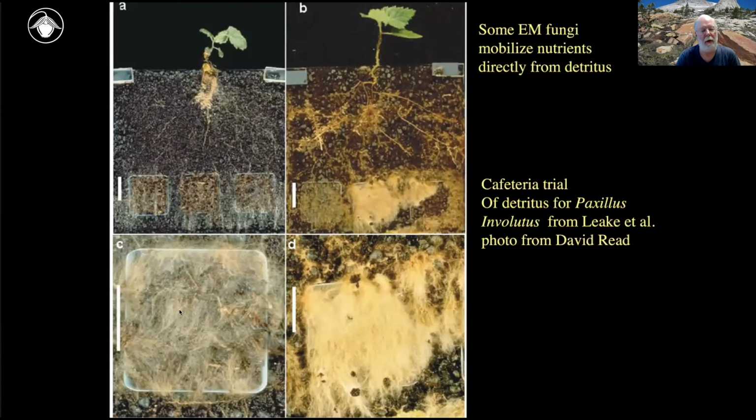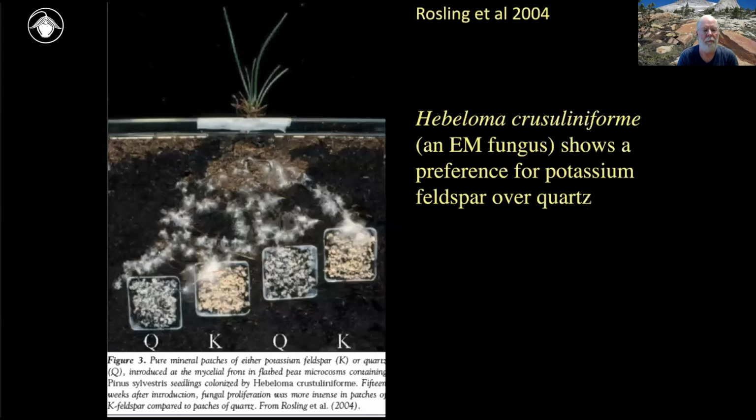You can see that here the fungus has just gone crazy over this little patch of litter that it's been given, and likewise here. So by doing this sort of thing, they can show that they're mobilizing nutrients out of these patches of litter.